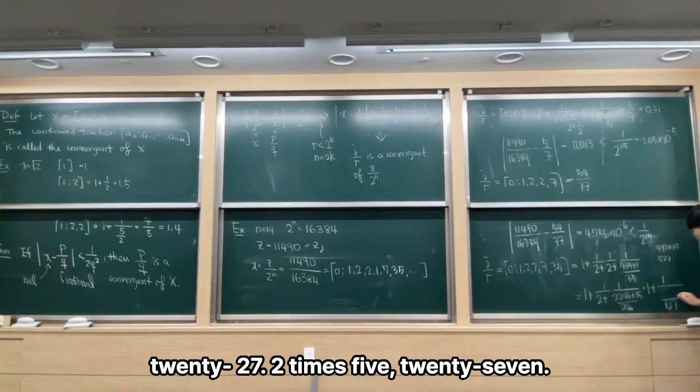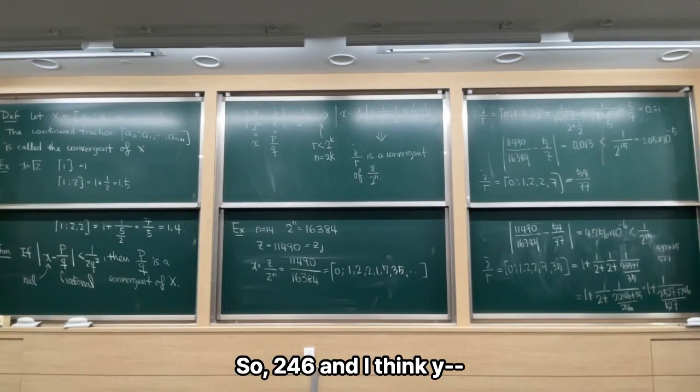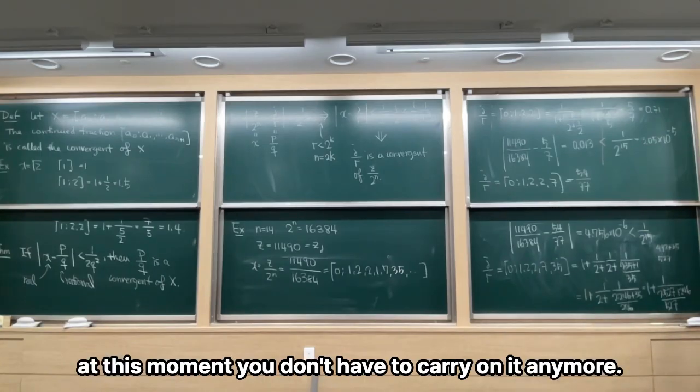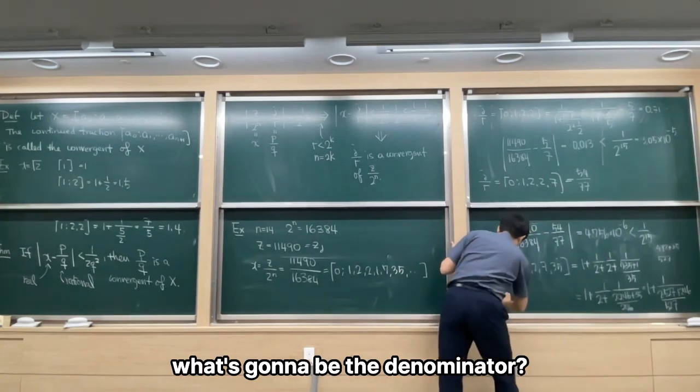Okay, so then we have 1 plus 1 over 527, 2 times 527 plus 246, right? And I think at this moment you don't have to carry on anymore. So anyway, if you do this, then what's going to be the denominator?